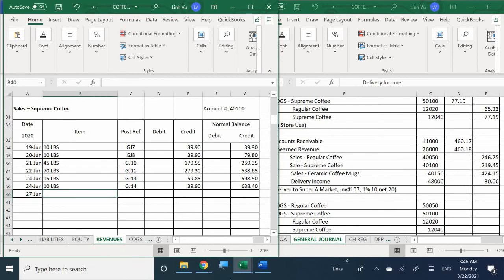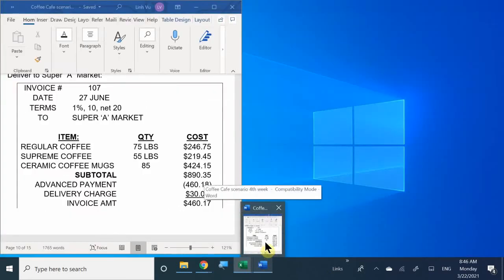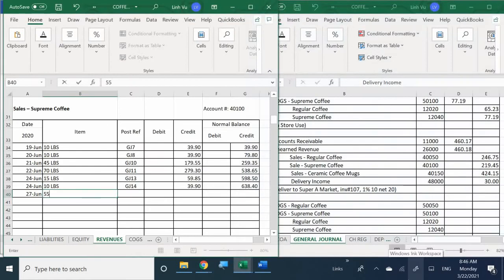How many pounds did we sell of Supreme Coffee? 55 pounds. For a grand total of 219.45.